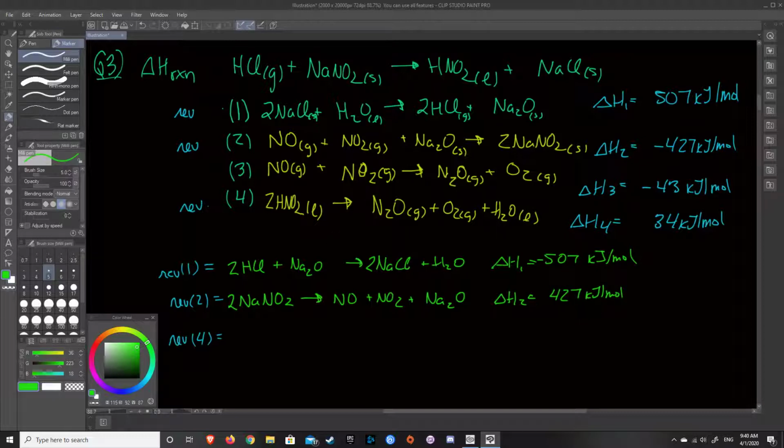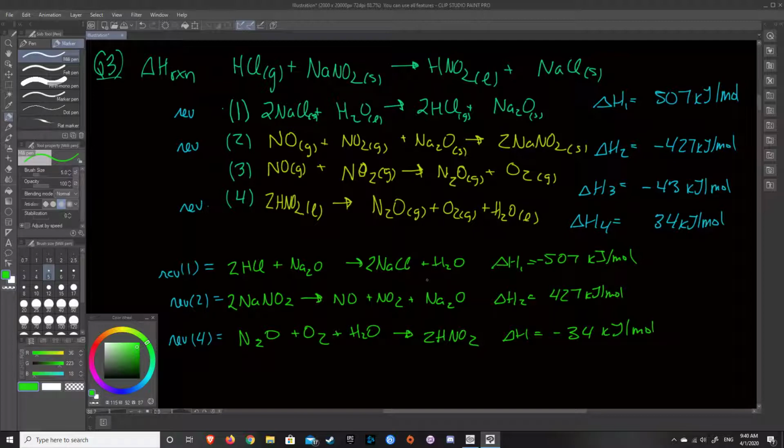And we have to reverse 4, so that's the last one. N2O plus O2 plus H2O reacts to form 2HNO2. And our new delta H value is going to be negative 34 kilojoules per mole.